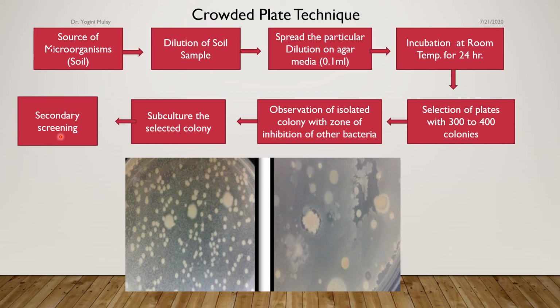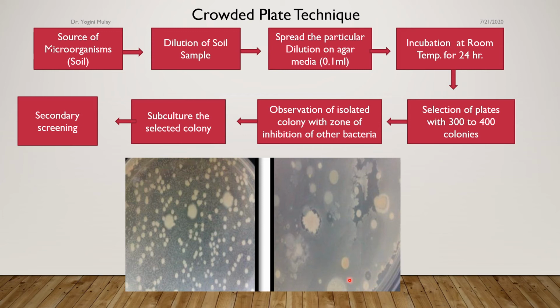You can see a few more colonies in this plate. Let's search if we get any other colony. Yes, you can see here also. You can see this is a very minute colony at the center, and the clear zone around that colony. One more colony is here.